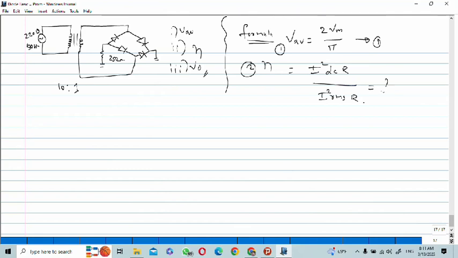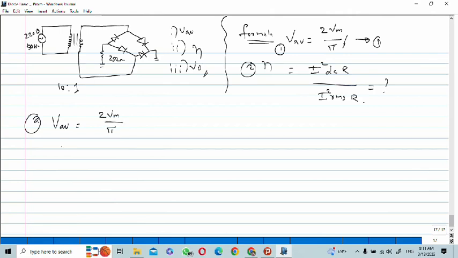We don't know the value of Vs. First I am going to solve V average equal to 2Vm by pi.